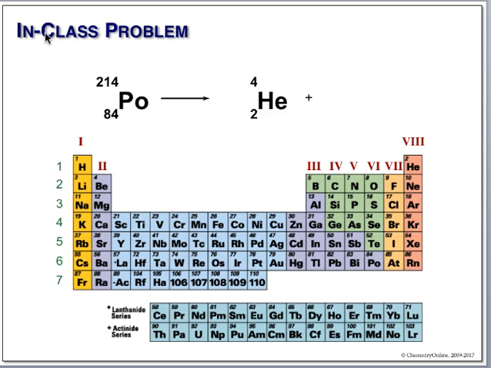So we're starting here at 84. We drop down 2, here at 82, this is lead. We started here at 214. We lost 4. This must be lead-210. Any questions?